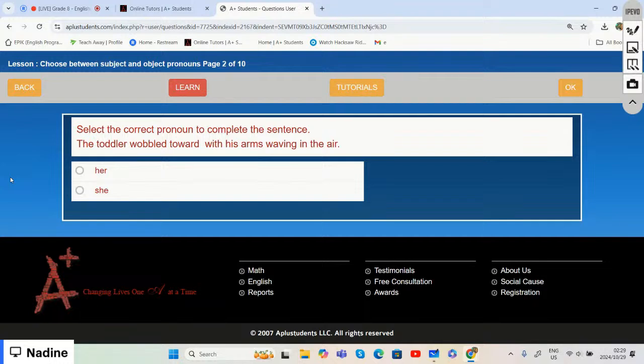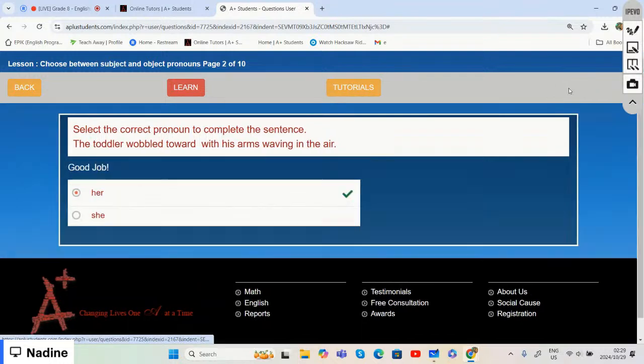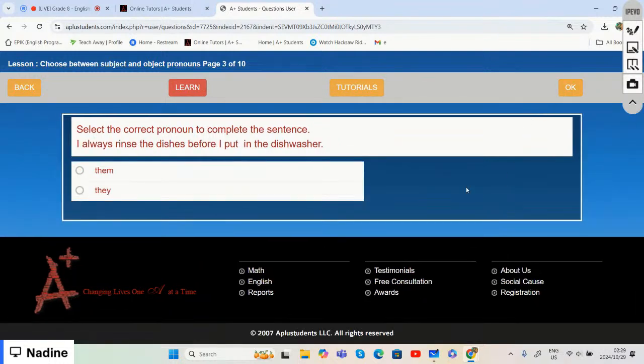And if we were to choose the correct option, we would say the toddler wobbled towards her. Yes, well done. Option one, with his arms waving in the air. Option one is correct.